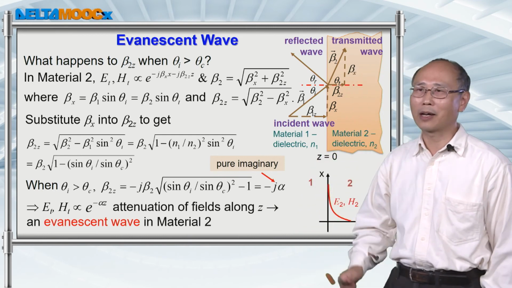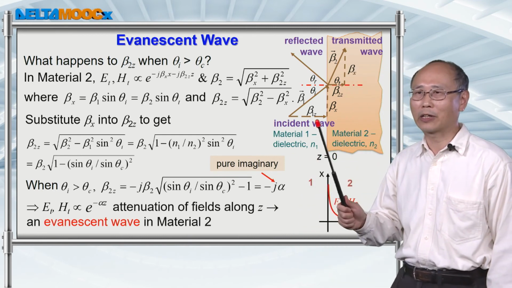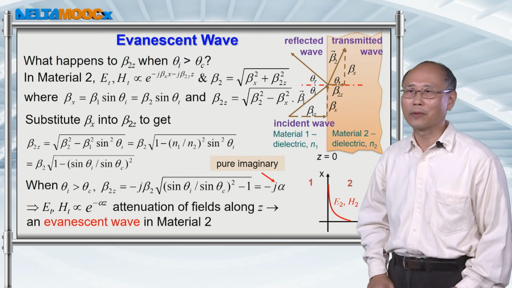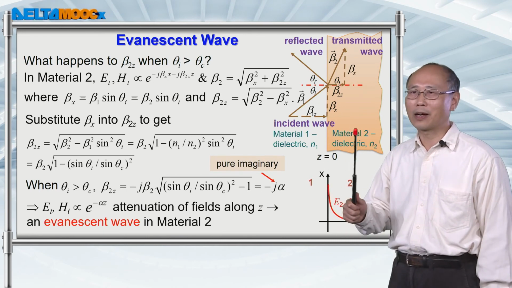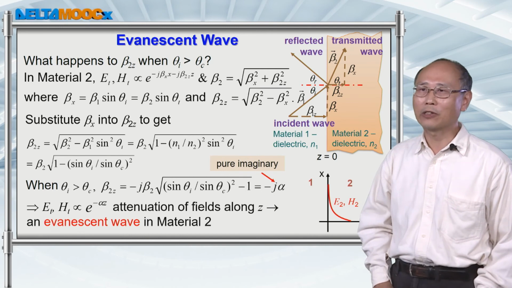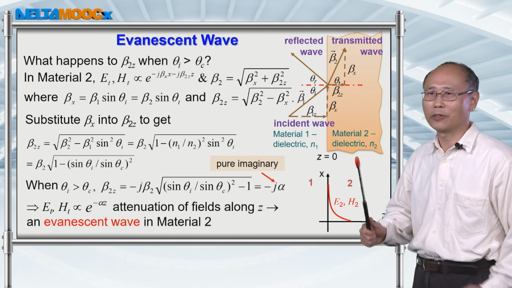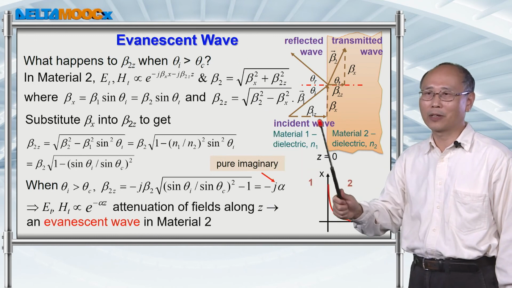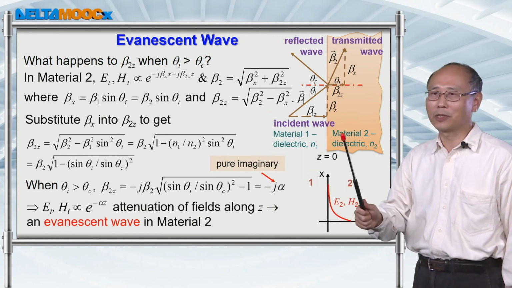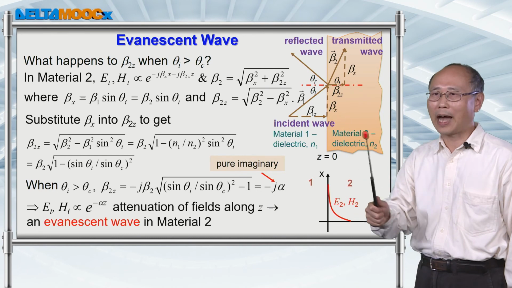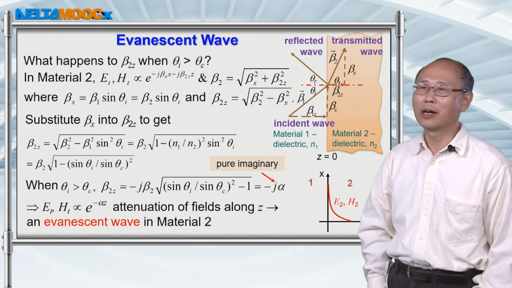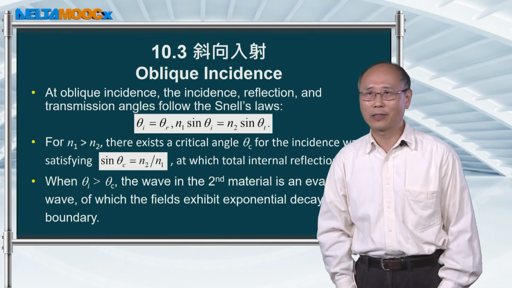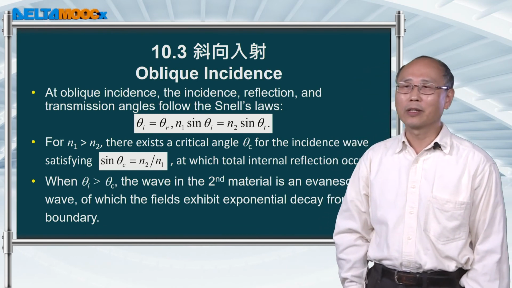A wave under this scattering configuration, where the incident angle is larger than the critical angle, will have the attenuating amplitude in the second material. And we call this wave an evanescent wave because the field in the second material basically just dies away along the z direction. Now, I want to summarize this section a little bit.